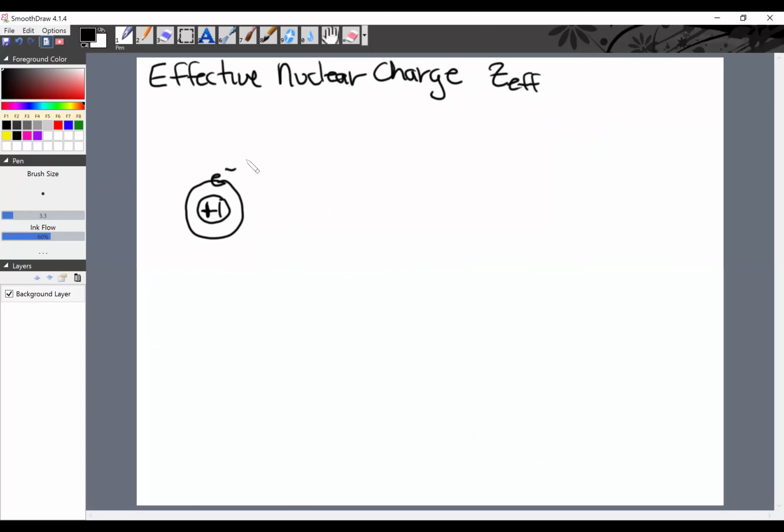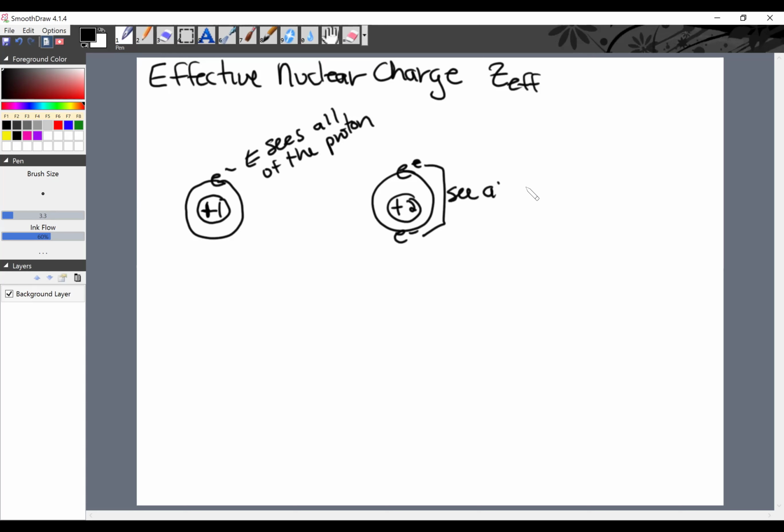This little hydrogen, the electron sees all of the proton's charge. Well, helium does too. There's two electrons, but they both see all of the charge, because they're the same distance away, because they're in the same shell.